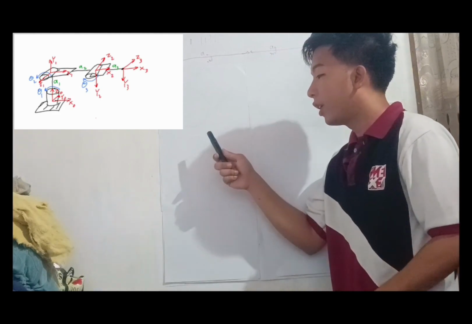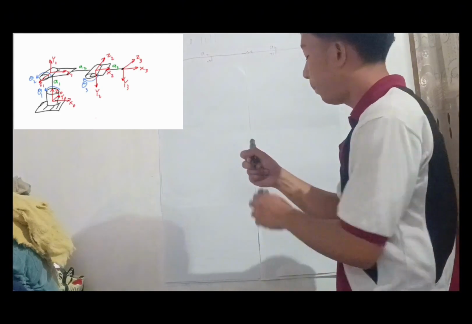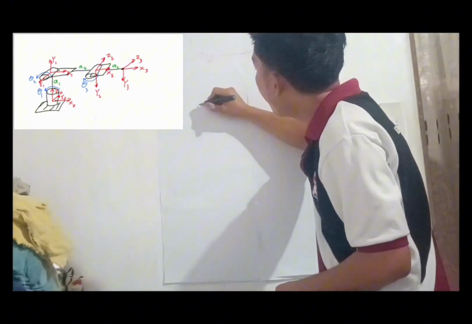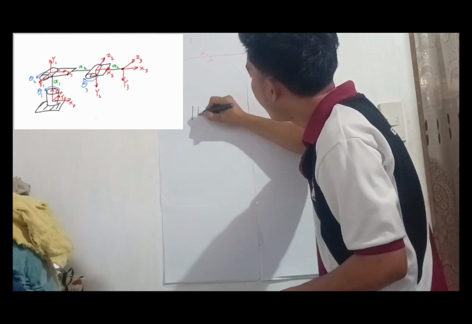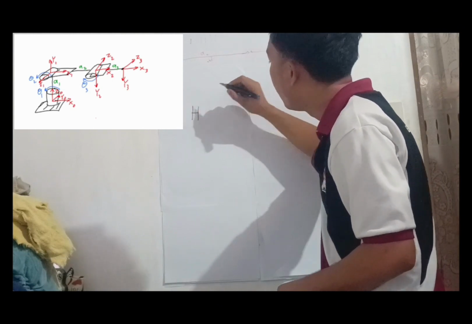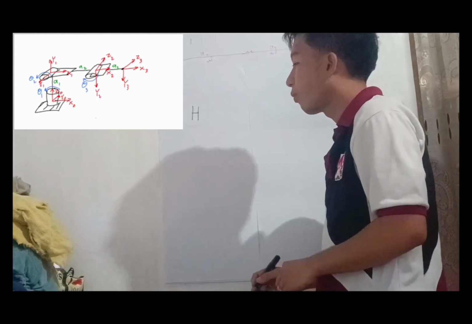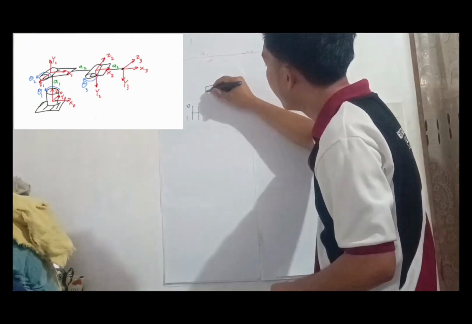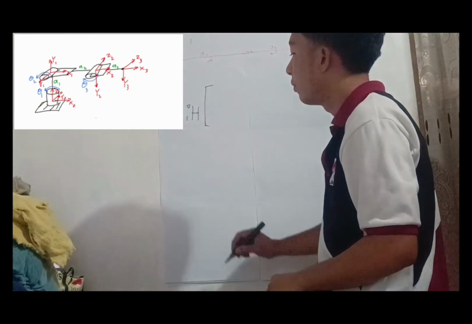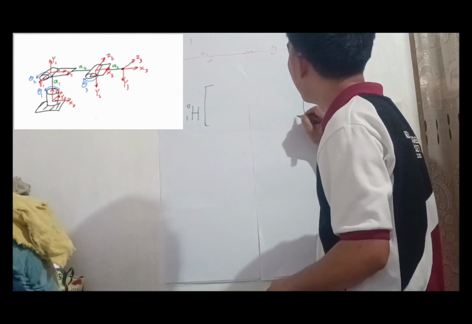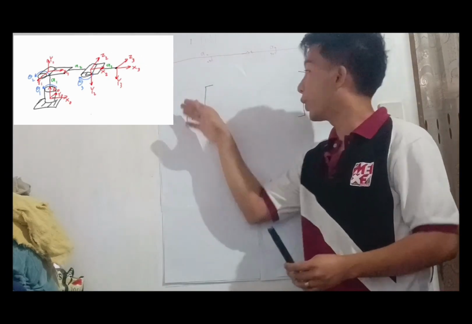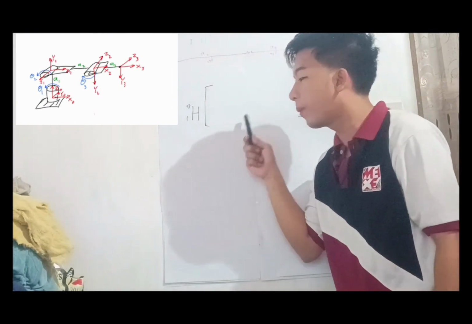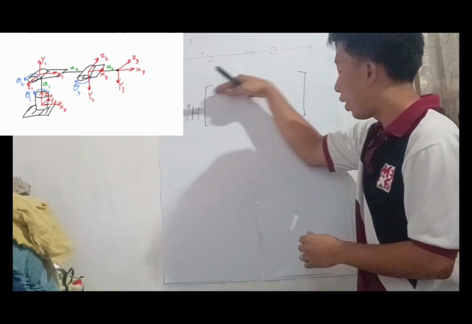So, for our H01, second row, based on the DH parameter, this is the first row.